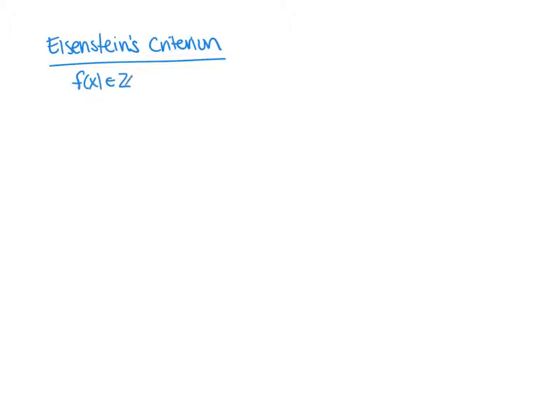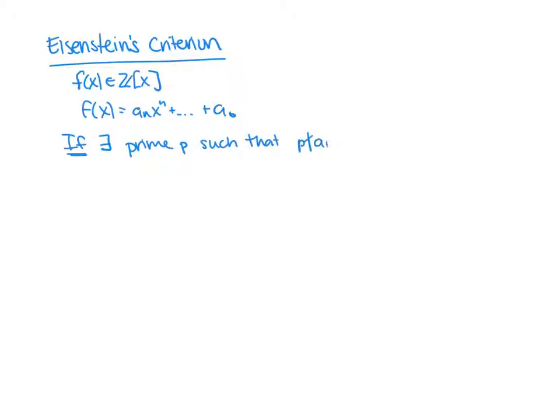So if you have a polynomial with integer coefficients, a_n x^n plus blah, blah, blah, plus a constant term, if there exists a prime p such that p is not a divisor of a_n, but p does divide all the other coefficients, and p squared does not divide a_0, then f is irreducible over Q.